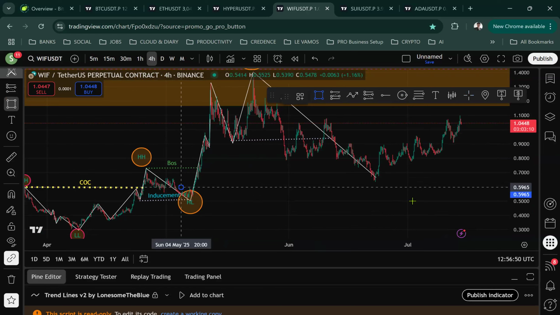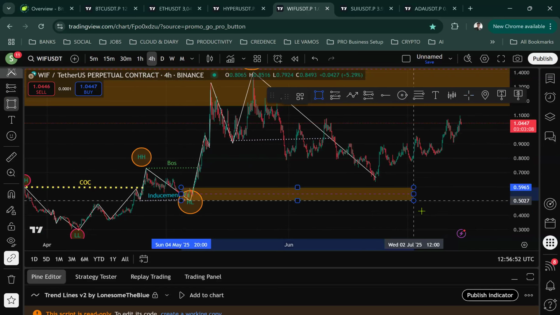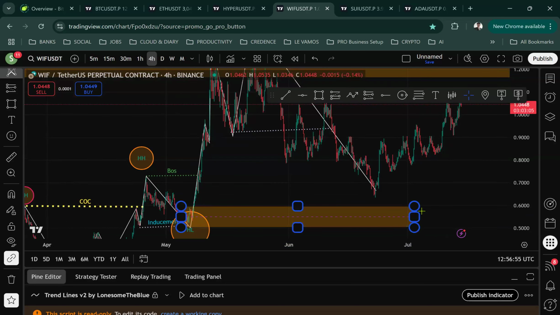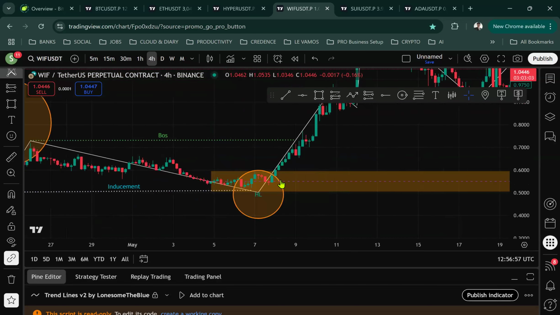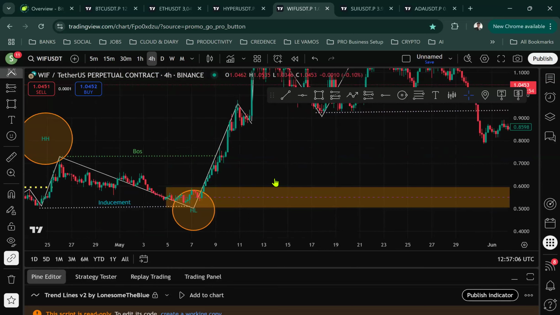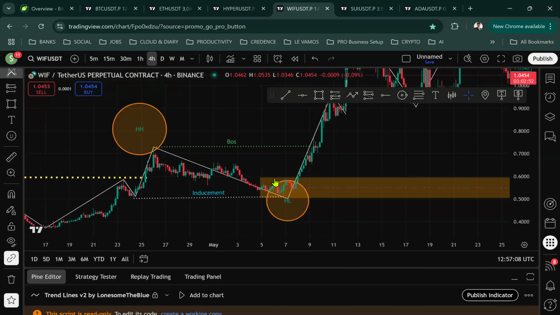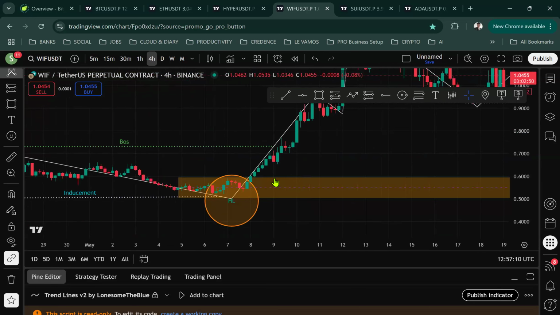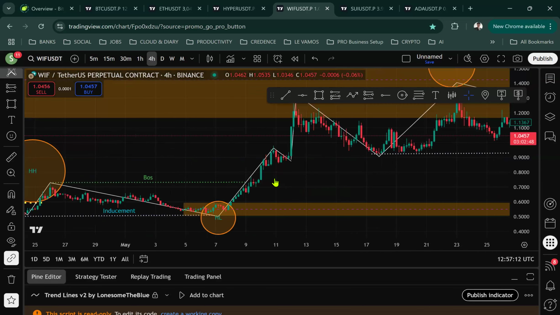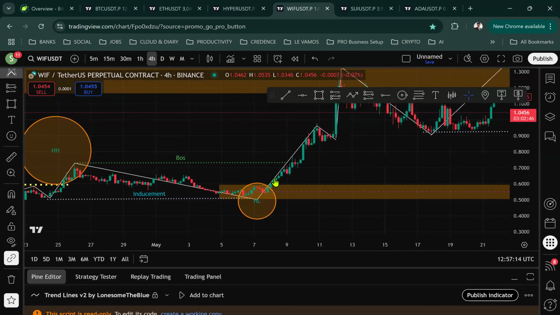So now, if I put this fair value gap, I have to start from here, from the lowest point of the higher low. Okay, okay.